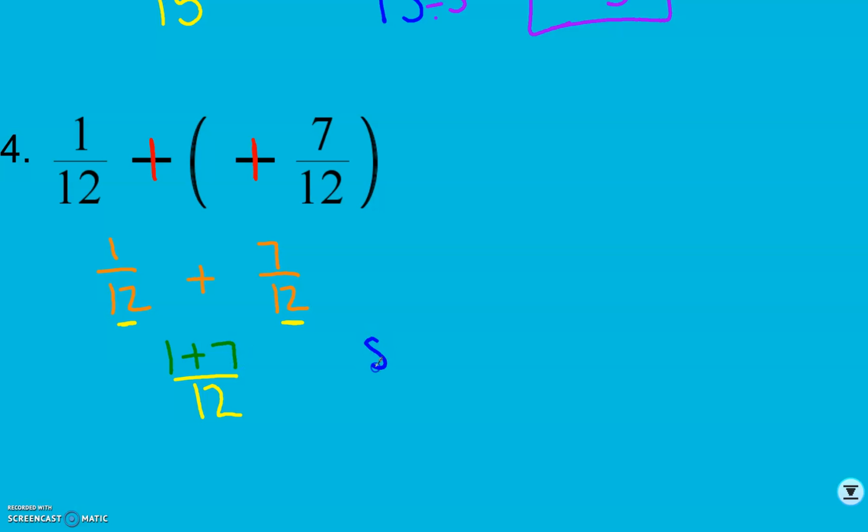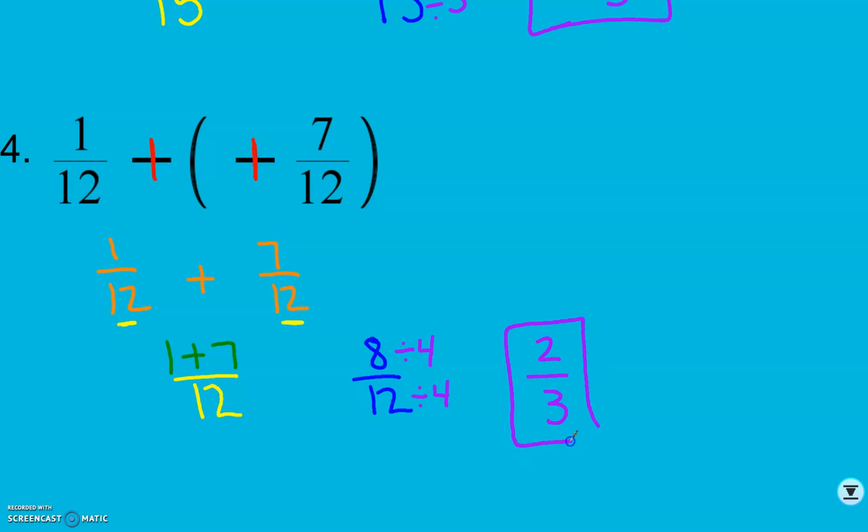This is going to give me 8 over 12. We check for a greatest common factor. Here, between 8 and 12, my greatest common factor is a 4, which gives me a 2 over 3.